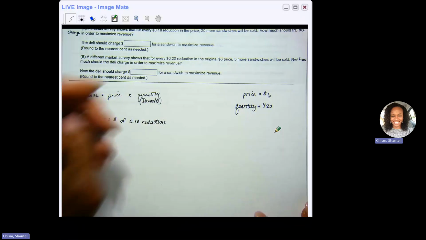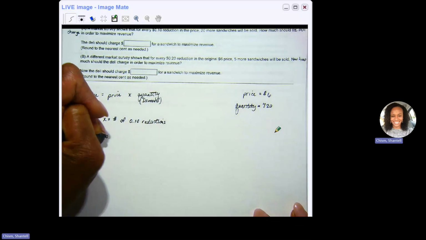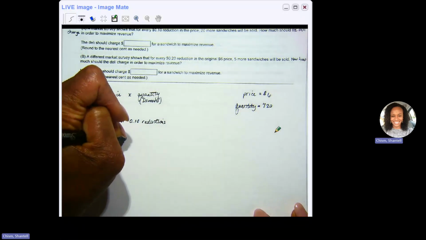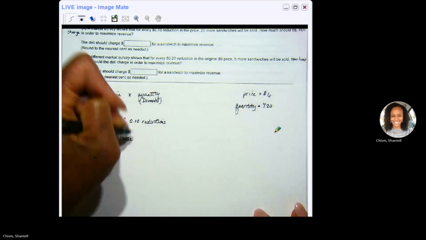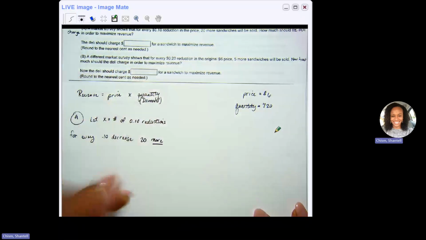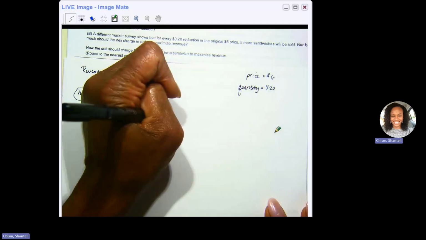Well, we're told for every 10-cent decrease, 20 more, I'm going to underline more because that's going to be plus, okay? 20 more sandwiches or so.